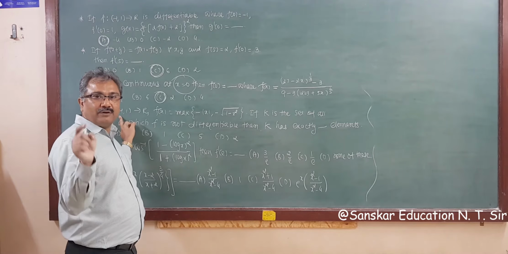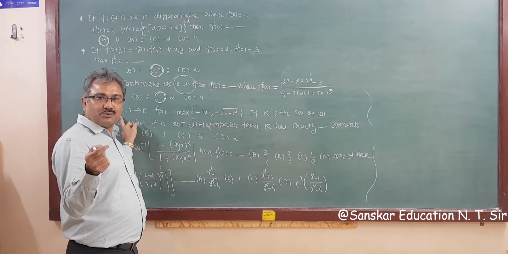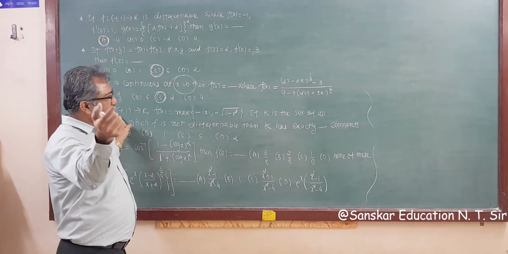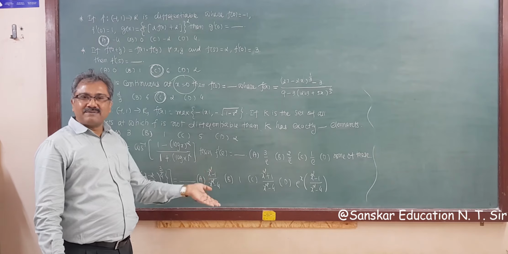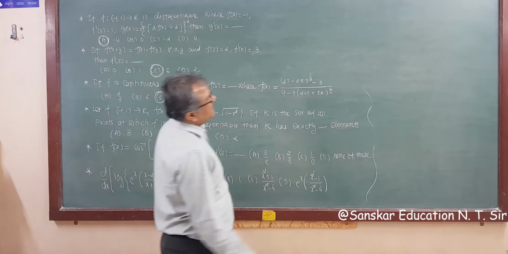So you have to take the values from -1 to 1 upon root 2, 1 upon root 2 to 0, 0 to 1 upon root 2, and 1 upon root 2 to 1. So what is your f(x)?